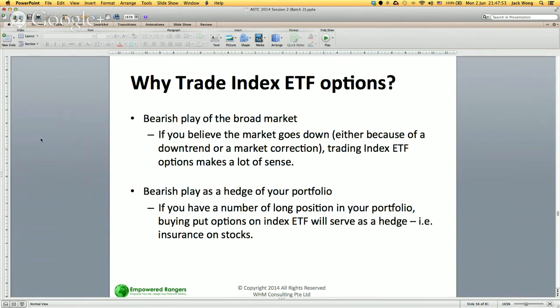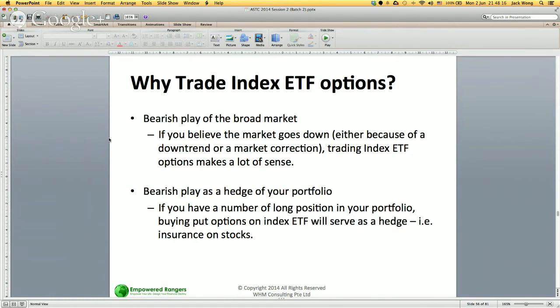So the first reason why we trade index options is when I see my portfolio is very, very long, in other words very bullish, and I believe that the market might turn anytime, I will start loading up SPDR, SPY. That's what I've been doing. In my portfolio, I lost a lot of money on SPDR.